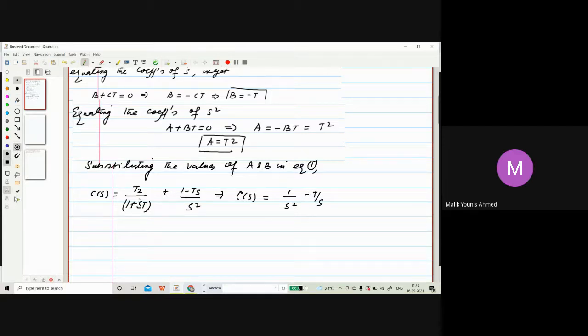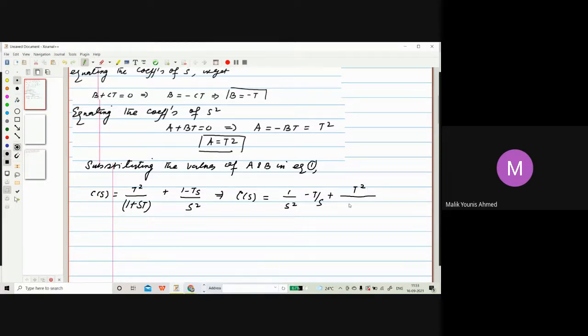Minus T by S. And in the third case, this is T square, not T2, sorry. This is the T square A value. So third we will write like this, plus T square in the numerator.